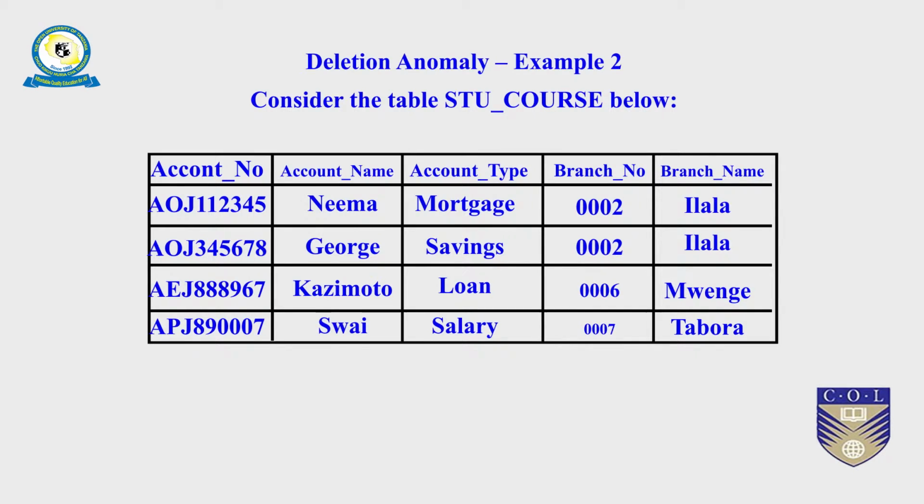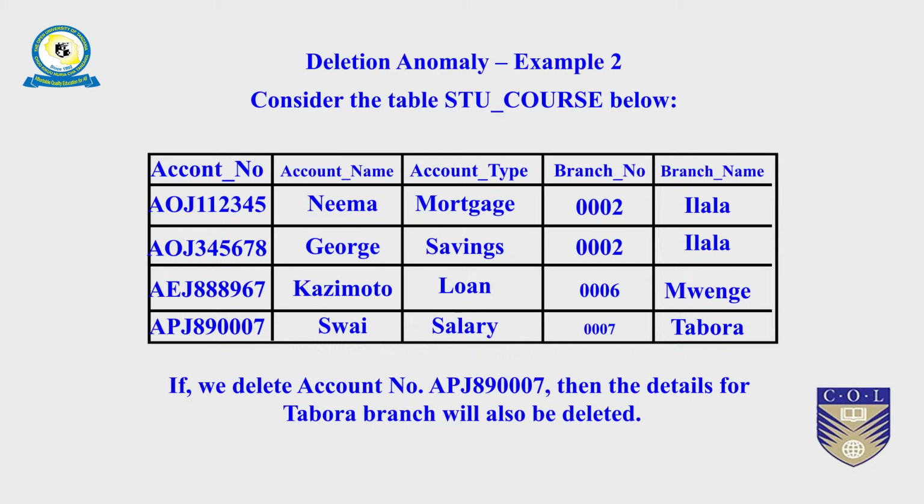This is an example for a bank account where you have account number, account name, account type, branch number, and branch name. For example, if you want to update details of branch number 002, then you will have to update 3 rows in that database, which brings about a problem. This is just an example of 5 rows in this table.